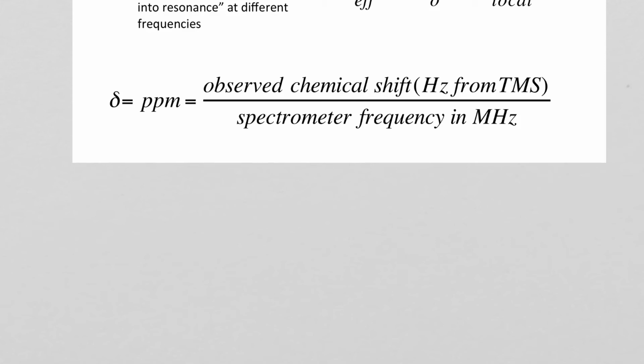For example, if you were taking the proton spectrum, or an H1 spectrum, of deuterochloroform, there's only one kind of hydrogen in that molecule, so it only has one peak.